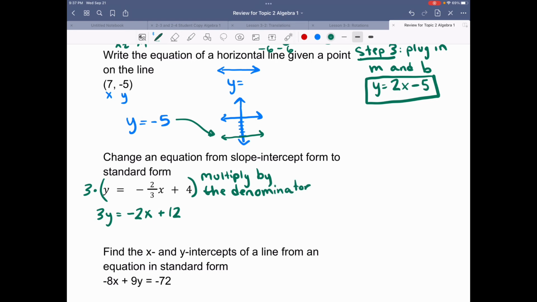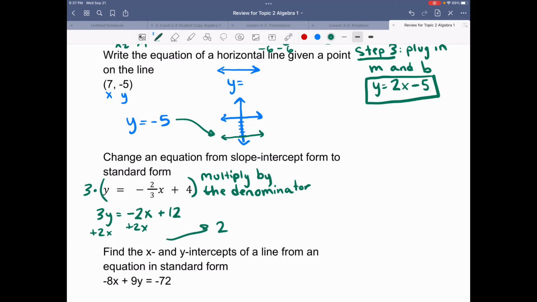Now we're close to standard form because standard form is ax plus by equals c. So to get the x and y on the same side, we add 2x to the other side. We want the x first because it's standard form.